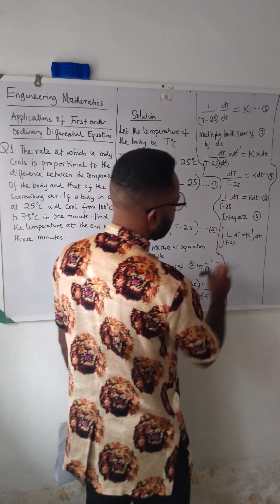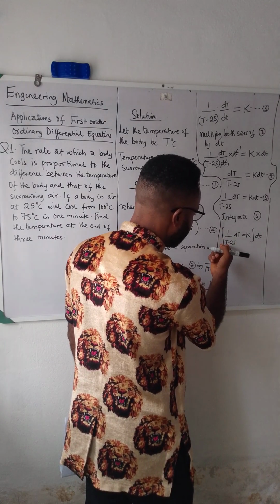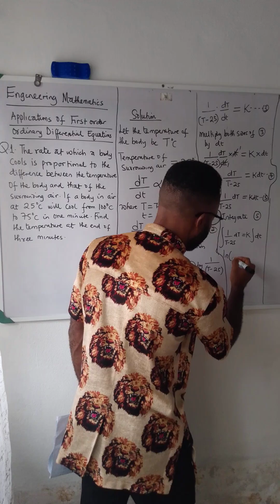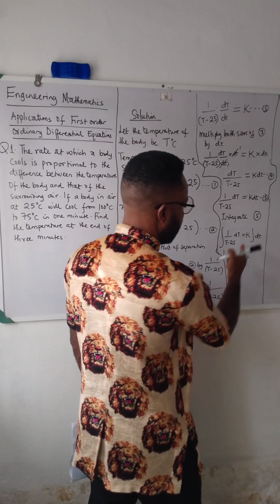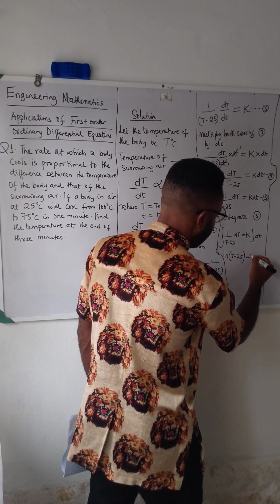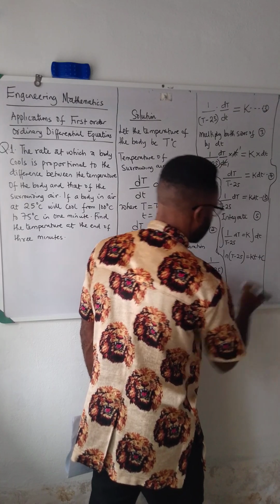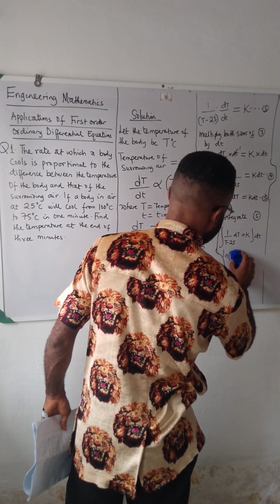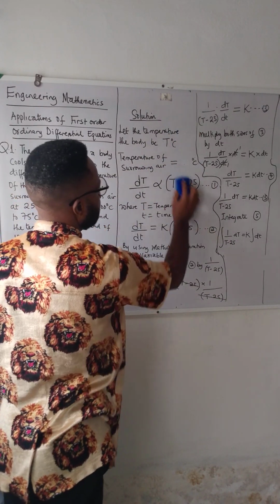Having gotten to this point, if we integrate 1 over T minus 25, it is going to give us ln of T minus 25, equal to, if we integrate dt, we have t, and then we add the constant of integration. I think I should erase this and then take it down to this other end.